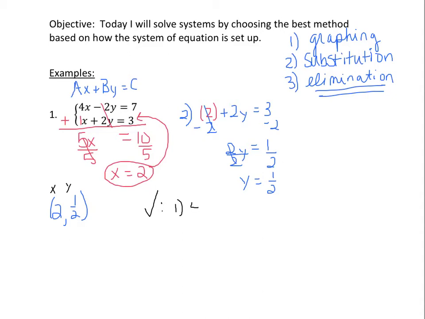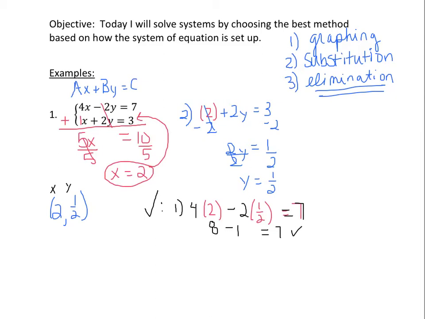I'm going to take 4 times the 2 minus 2 times the 1/2, and that equals 7. So let's check it. 4 times 2 is 8, then negative 2 times 1/2 is a minus 1, and that does in fact equal 7, so that does work.